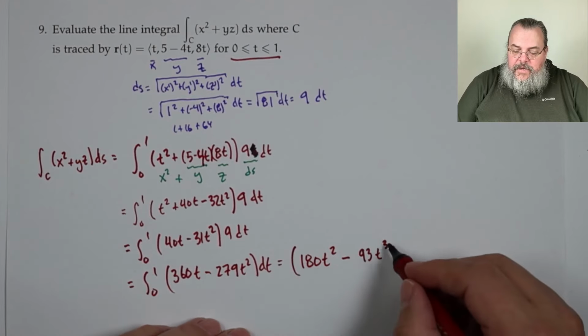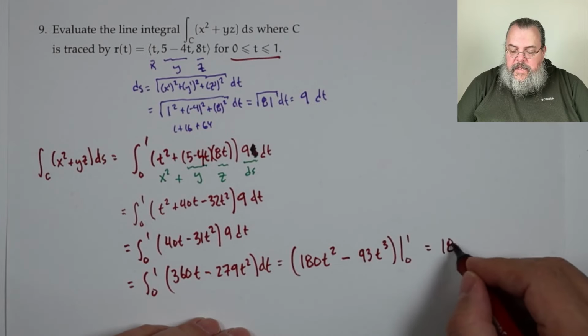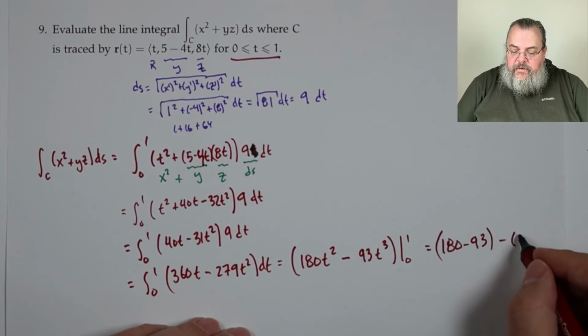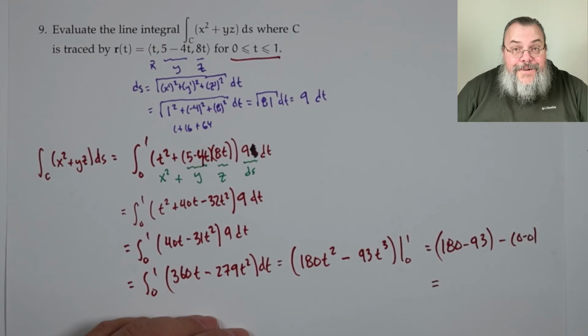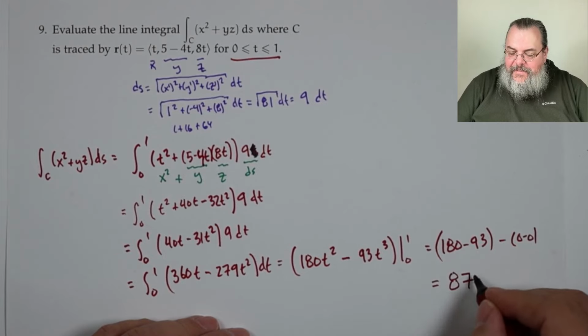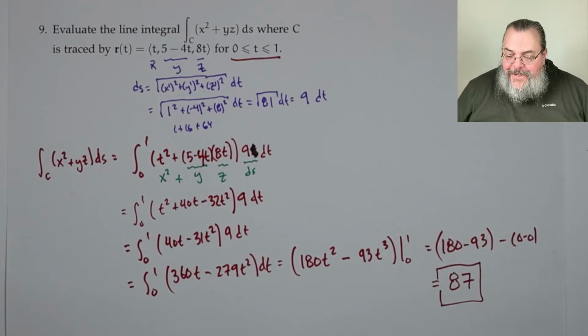We evaluate this from 0 to 1. So this becomes 180 minus 93 minus 0. 180 minus 93 is 87. And there you go.